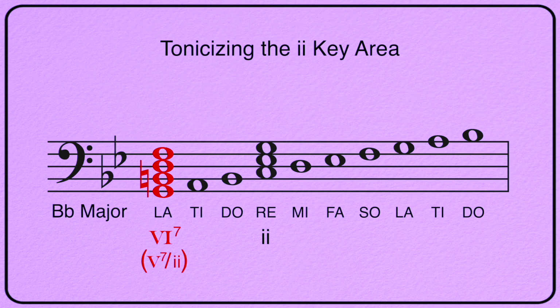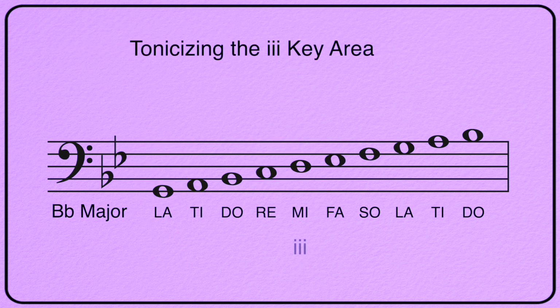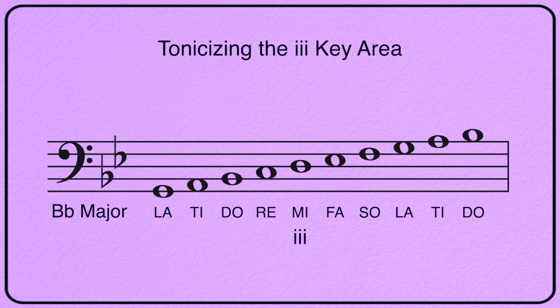Notice the tendency tones again, the 3rd and the 7th of our secondary dominant. The 3rd resolves up, and the 7th resolves down. Next example, let's tonicize 3. Step 1, our 3 chord is going to be D minor, so go up a 5th, or down a 4th, and that's A. Step 2, build a 7th chord on A. Step 3, raise the 3rd of the chord, C to C sharp.